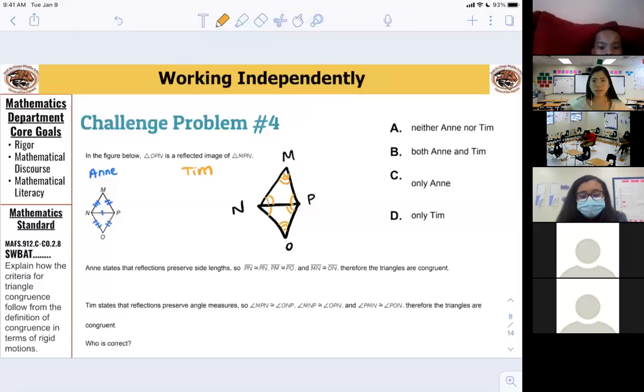One of them is wrong. Really? Which theorem can Anne use to support her claim? Wait, which theorem can Anne use?